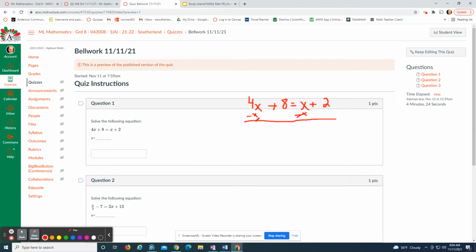If I have 4x and I take 1 away, I now have 3x. Plus 8 just drops down. The same thing happens with the plus 2, except we don't have to put the plus because it's already positive. You're then going to subtract 8 from both sides, and you get 3x is equal to negative 6.